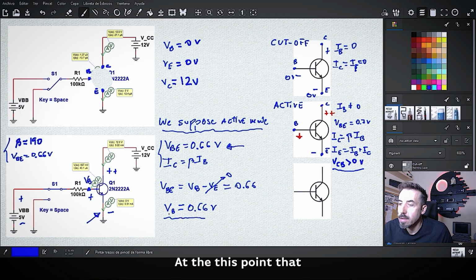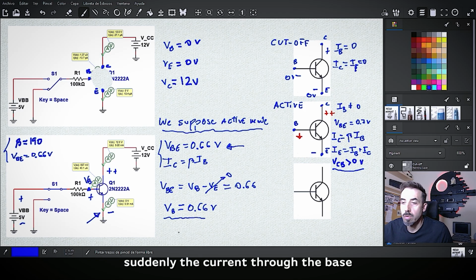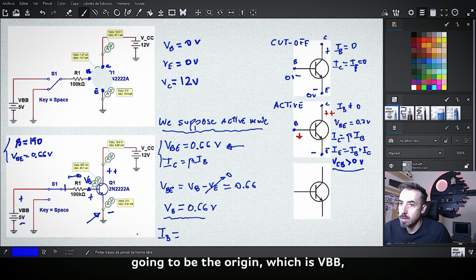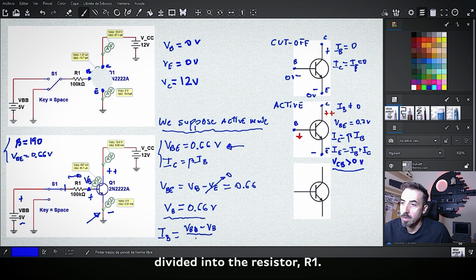At the point that we know the voltage at the base, suddenly the current through the base can be found, because the current through the base is the current that goes through this resistor. So it's going to be VCC less the voltage at the base, divided by the resistance R1.